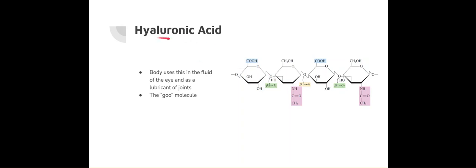This polysaccharide in particular is used in the body for fluid in the eye and a lubricant in joints. So it tends to be viscous and aid in greasing something up, lubricant, right?